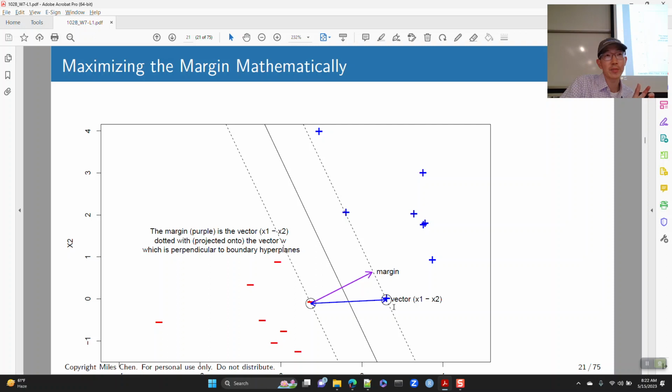If you take a vector and dot it with another vector, you'll get its projection onto that vector. So the margin, the length in purple, is basically this vector x1 minus x2 dotted onto the vector w, which is perpendicular to the hyperplanes.